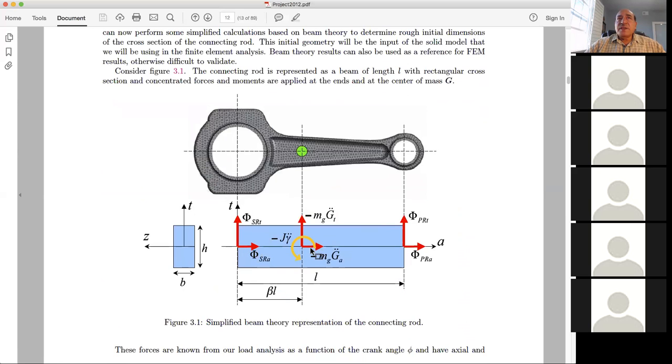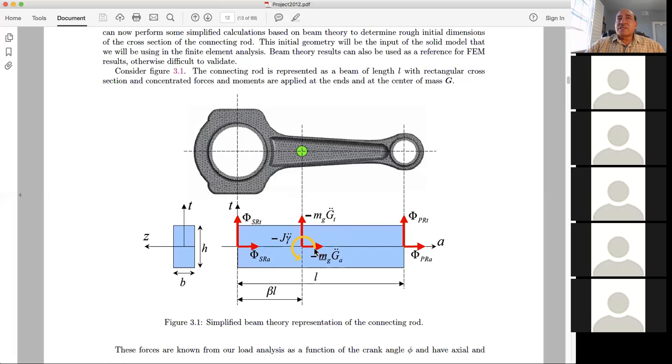And now at the CG of the rod, we have the mass times acceleration in the axial direction and the mass times acceleration in the transverse direction. These are to be subtracted so that we can transfer to the non-inertial frame, and these are the body forces on the connecting rod.